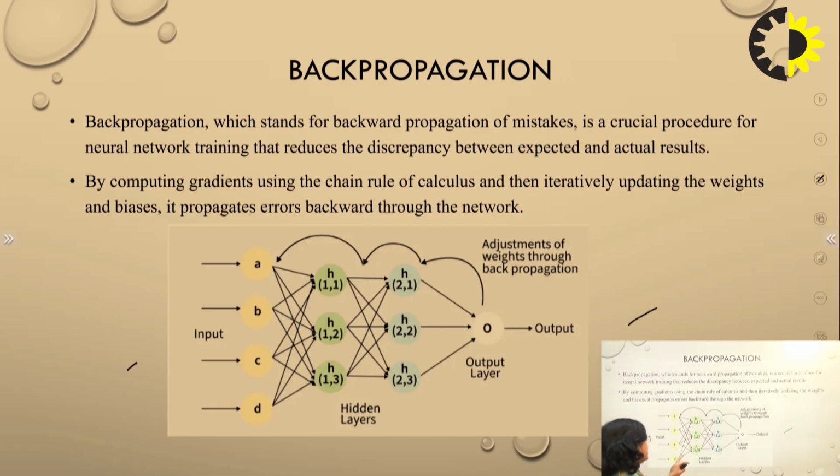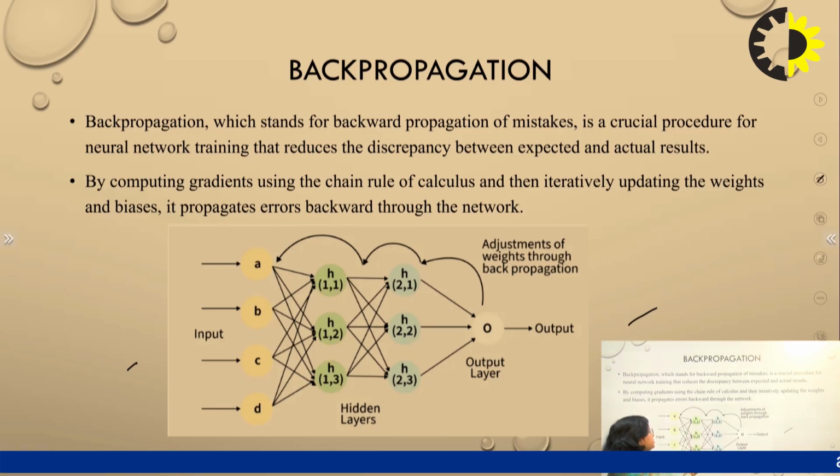In this example, there are 4 inputs, A, B, C, D, and we have 2 hidden layers, and the last one is the output layer, which produces the output. The hidden layers have some nodes, and the number of nodes we can decide accordingly.